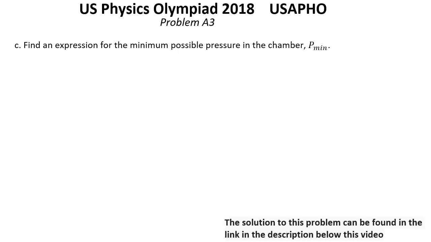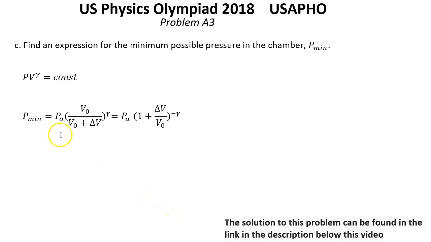Instead, it will open once the pressure in the cylinder equals the pressure in the chamber. Since the expansion of the cylinder is adiabatic, PV to the power gamma is constant, so P minimum equals PA multiplied by this expression.